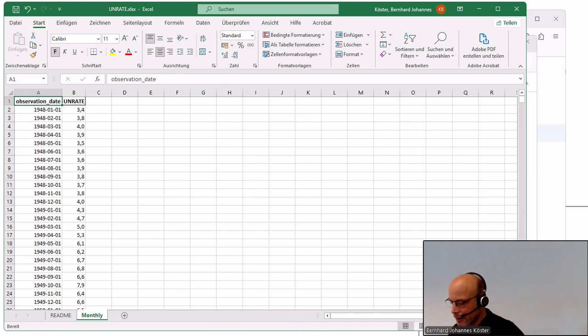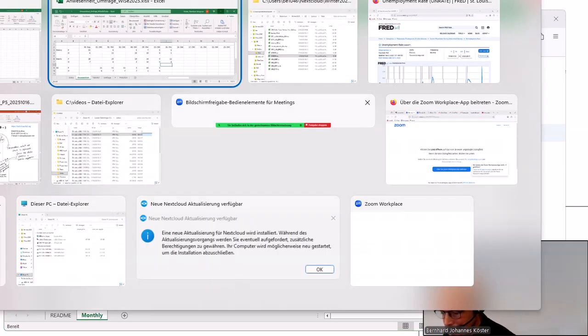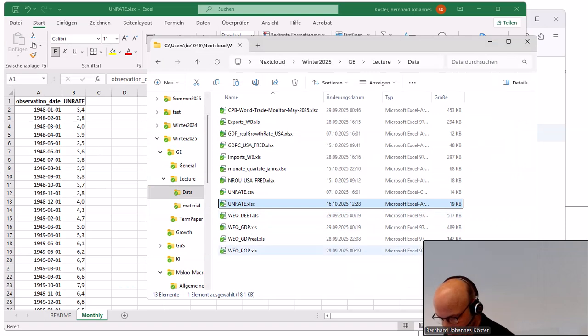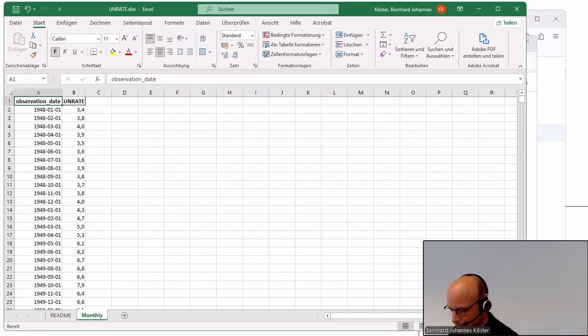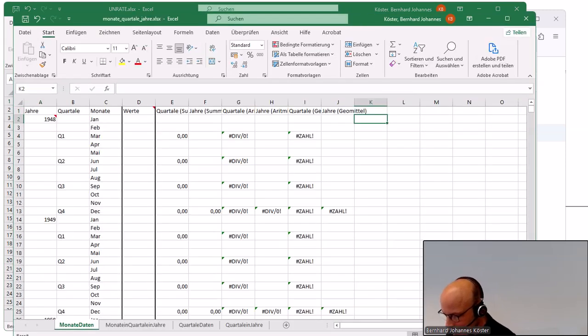This is unfortunately now our monthly data. And then some years ago, this is my little tool which I created, and here I just add up all quotas.